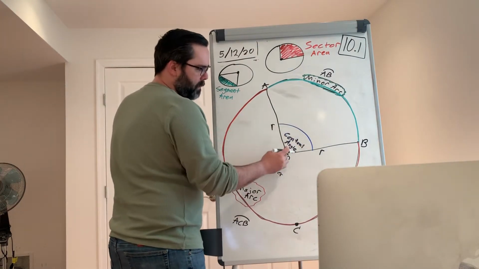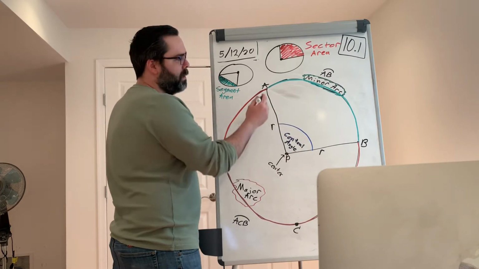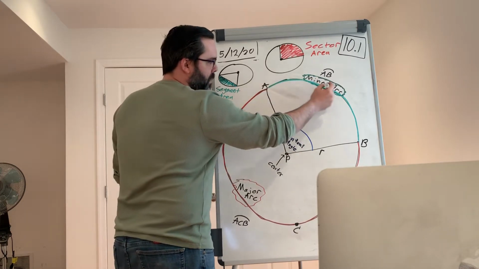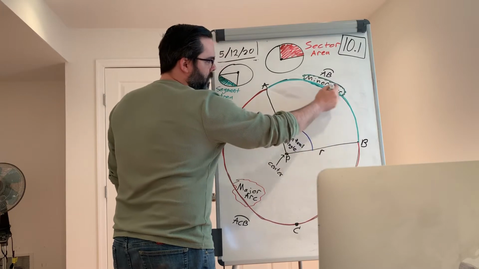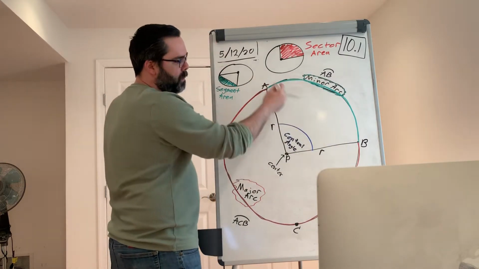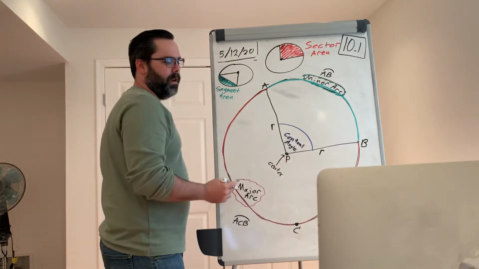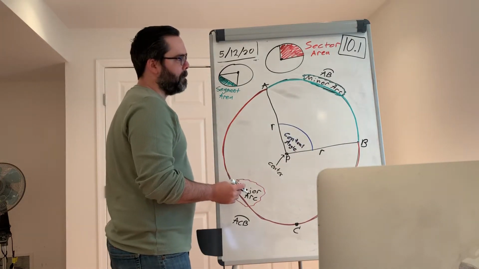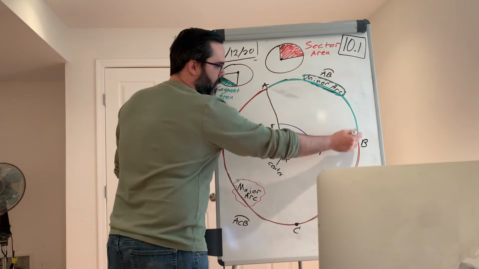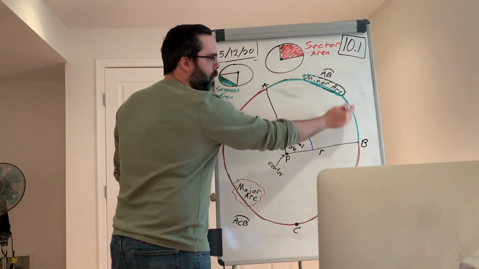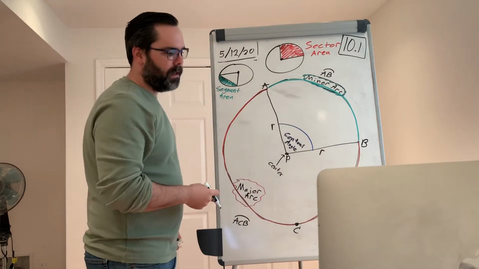This central angle has something called an arc. An arc is the curve on the edge of the circle that corresponds with the angle built with these two radii. Okay, this is an arc. We call this the minor arc because it's less than 180 degrees.